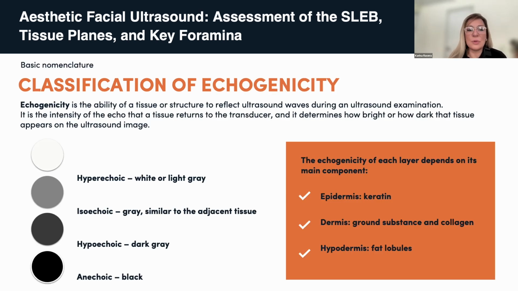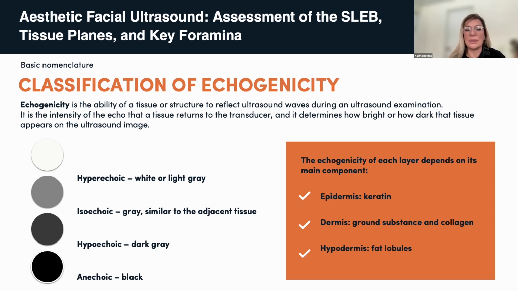And now we have to know about the basic nomenclature and the classification of echogenicity. Echogenicity is the ability of a tissue or a structure to reflect ultrasound waves during an ultrasound examination.